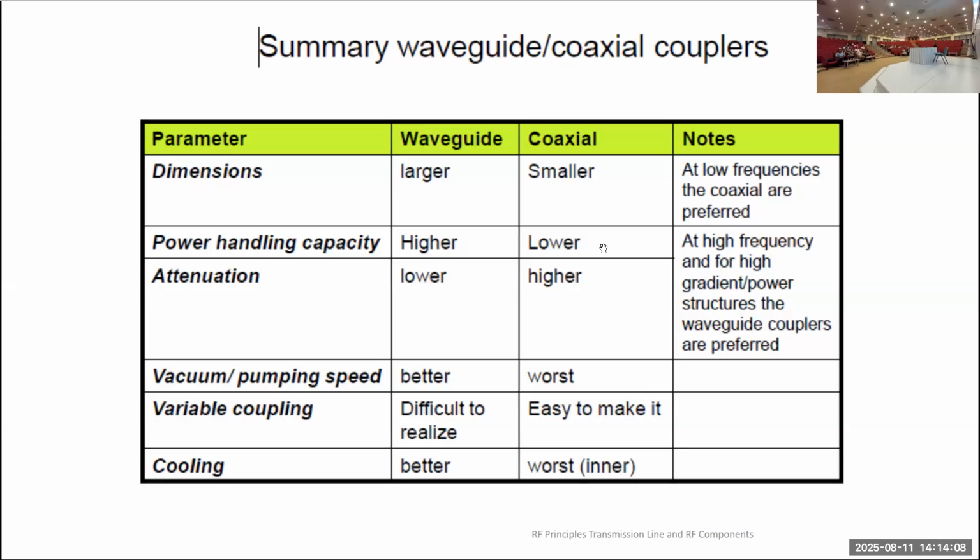But if you have coaxial cable, you can tune your coupling by tuning the direction of your antenna, because this antenna is flanged with the cavity, and you can open the flange and change its direction to optimize your coupling.